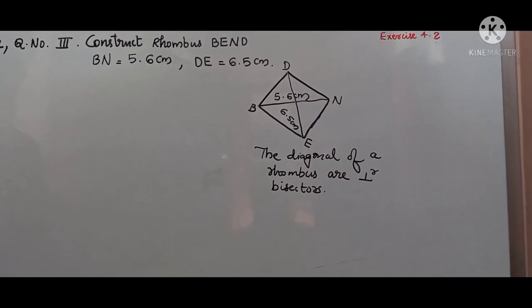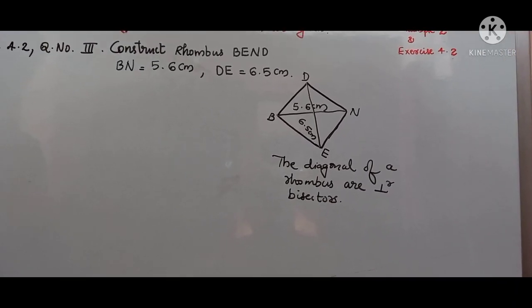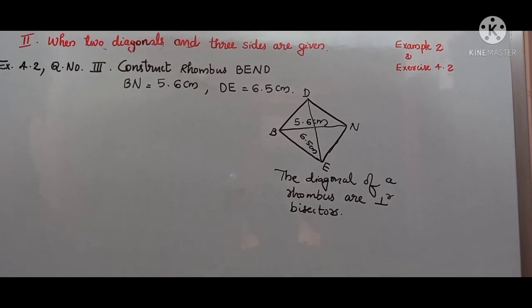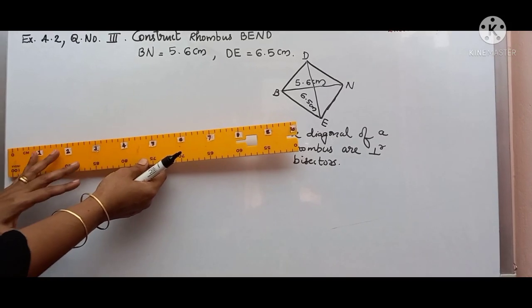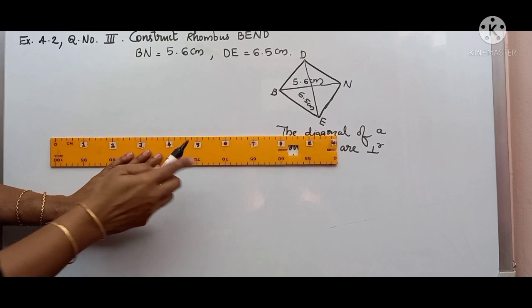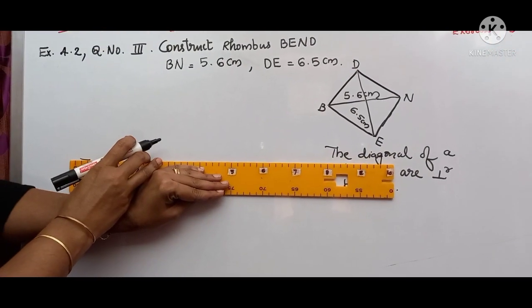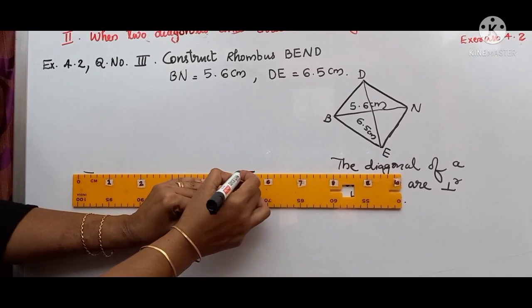For that, drawing the perpendicular is easy. So first we can draw that 5.6 centimeter length BN. So here I am drawing that line segment 5.6 centimeter. Here it is 5.5, this is 5.6.